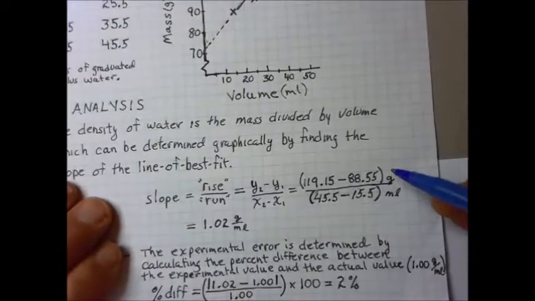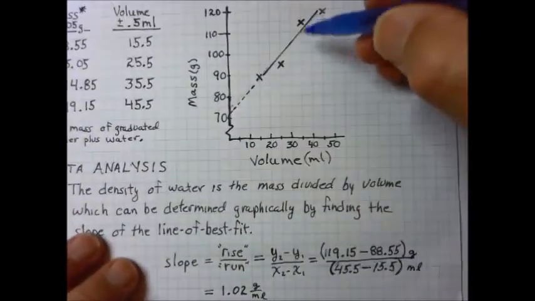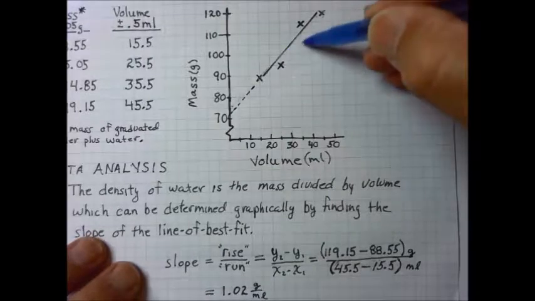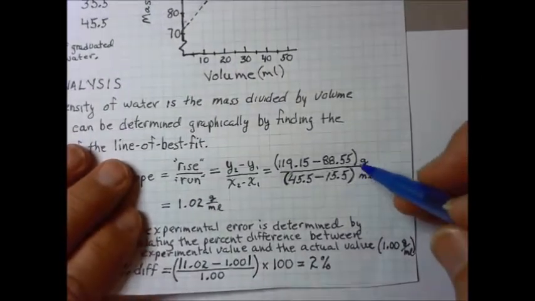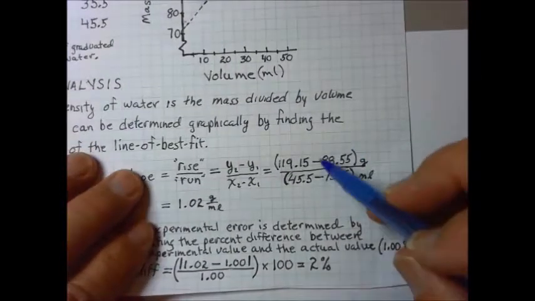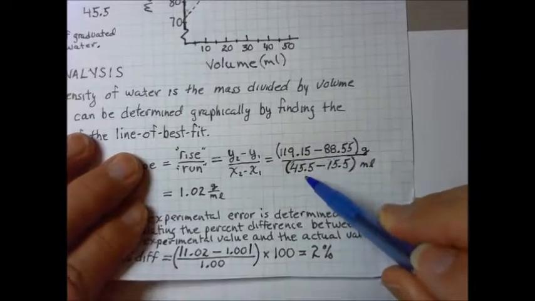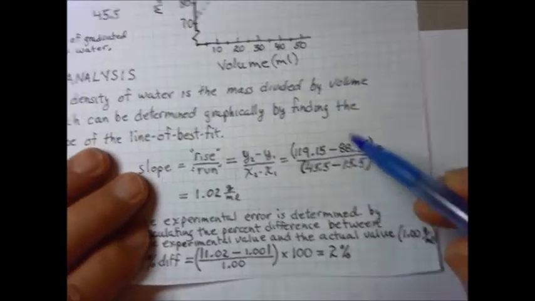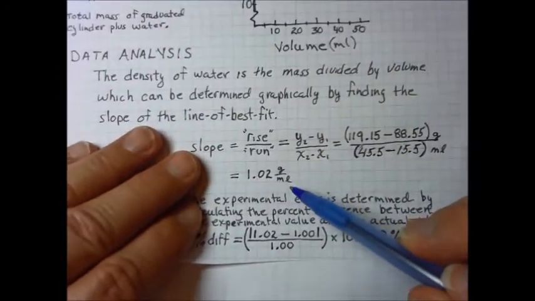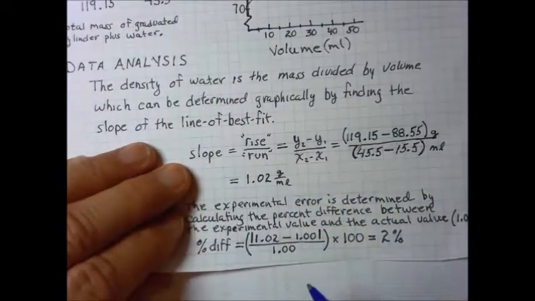So I took the values for those 2 points and I plugged them in. Now you could measure anywhere along this slope, but in this case I just plugged in the numbers for 2 of the masses and the 2 corresponding volumes. And when I did that, then I got a value of 1.02 grams per milliliter.